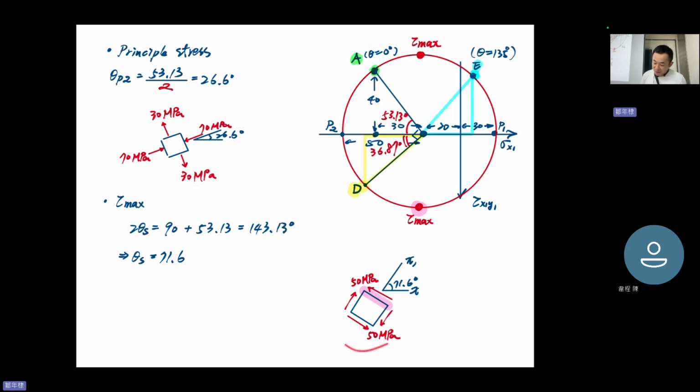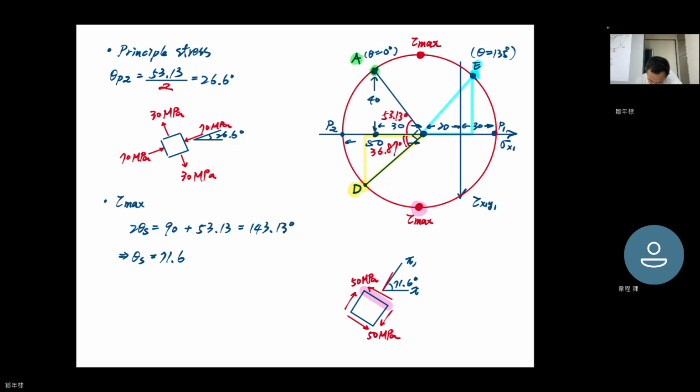So we still need to get the x coordinate for tau max for these two points. But it's okay. We can still see that it is 20, minus 20. For both of the tau max points, sigma x1 is 20 megapascal. Very, very easy.